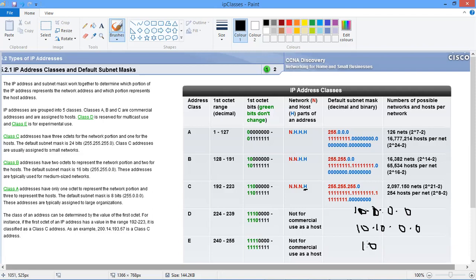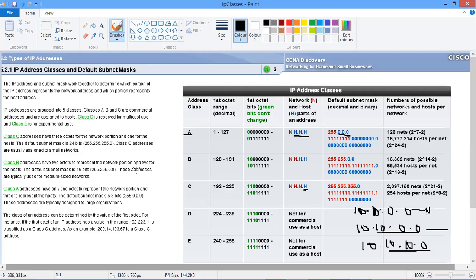Even 10.10.10.0 is still an IP address. Why? Because they are class A, and class A is saying it's only when host IDs are all zeros. When the host ID is all zero, that is only when you say it is a network address. But here, the host IDs are not completely zero. Likewise, here, not completely zero. So this is when it is a network address.